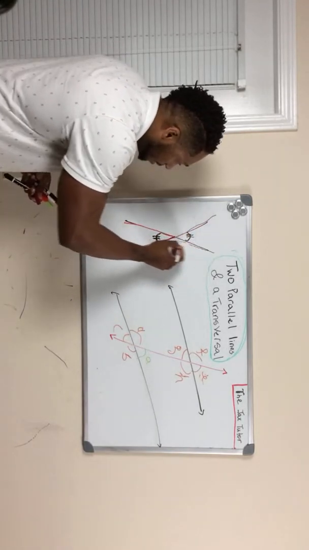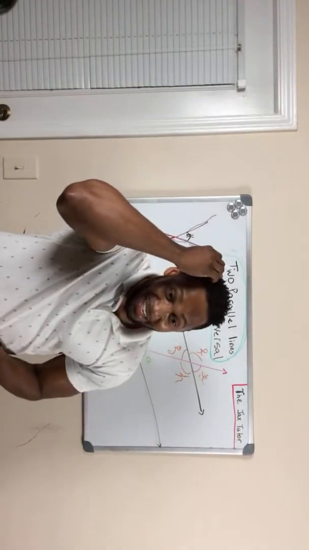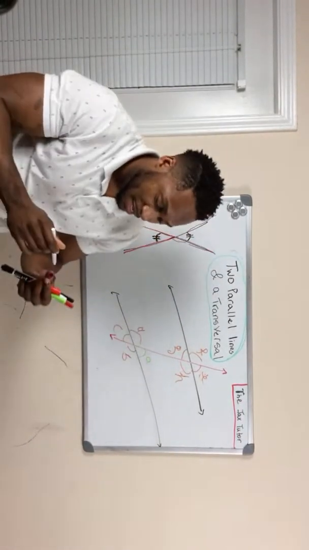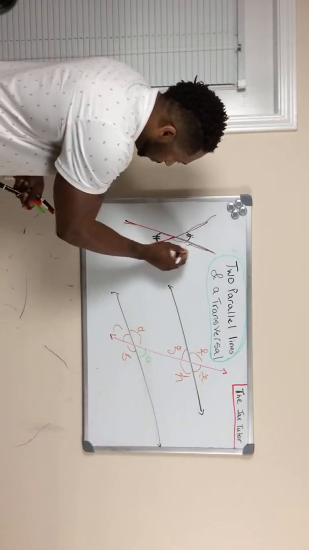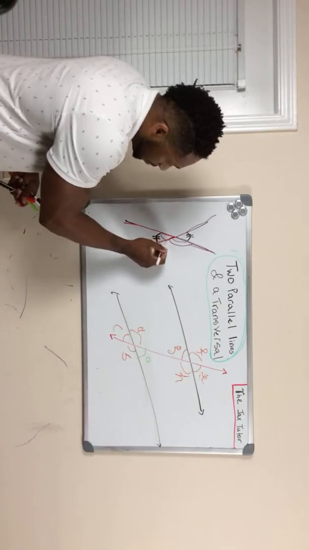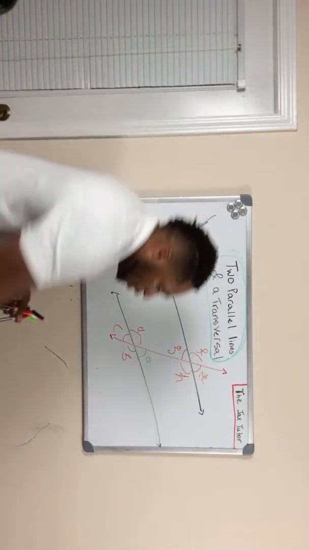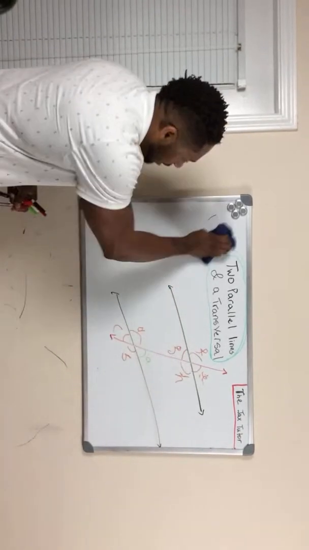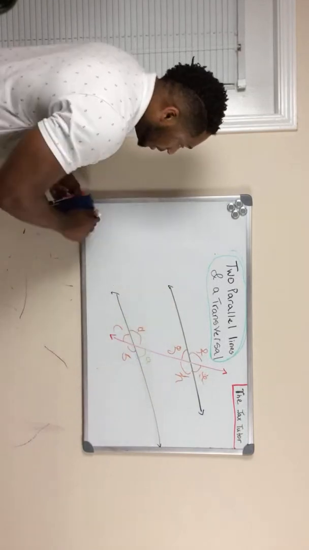I don't even think there's a proof for this. This is something that you accept. Actually, you can prove it: the sum of this angle and this angle is 180, so you can prove it that way. But if you don't know this, take it as a given. The vertical angles are equal to each other. So now the first thing we're gonna do, we're gonna go inside of this.